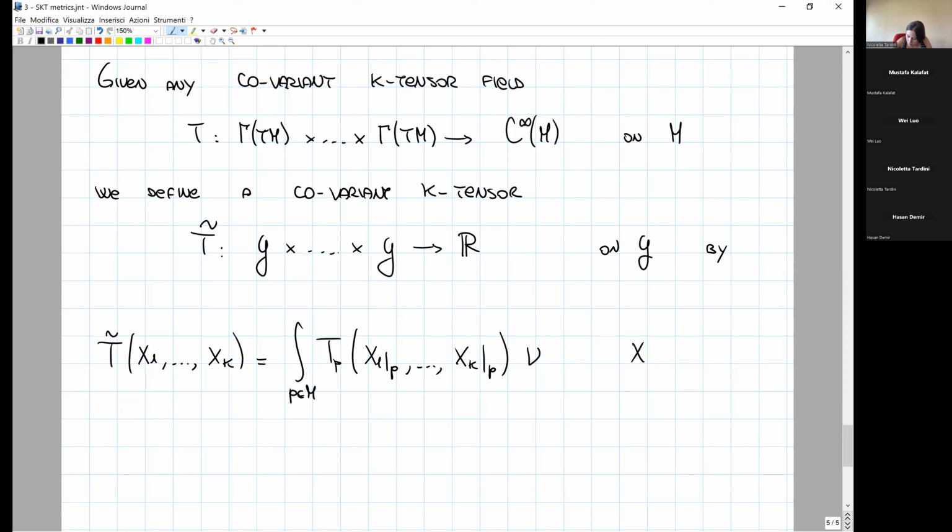So where x1, ..., xk are elements in the Lie algebra, what are these xj at the point P?